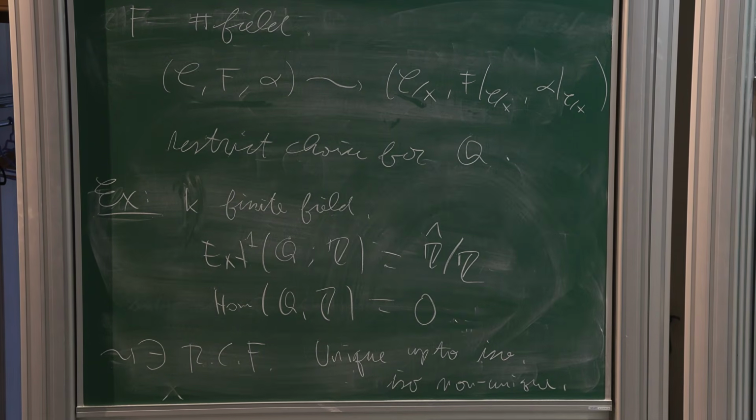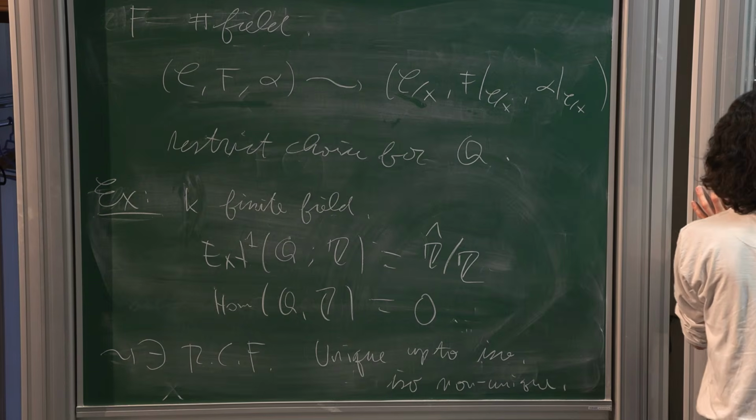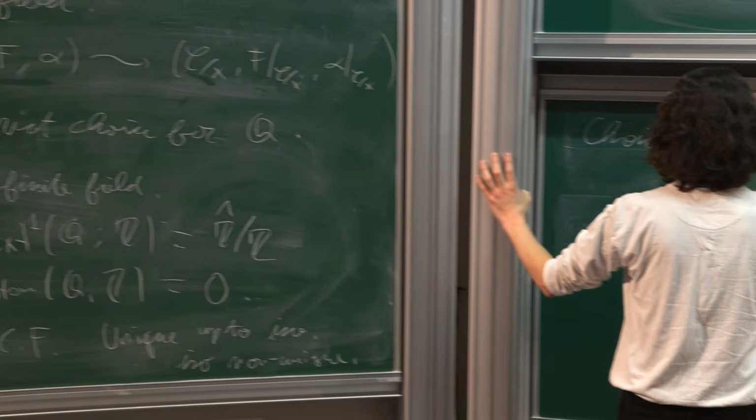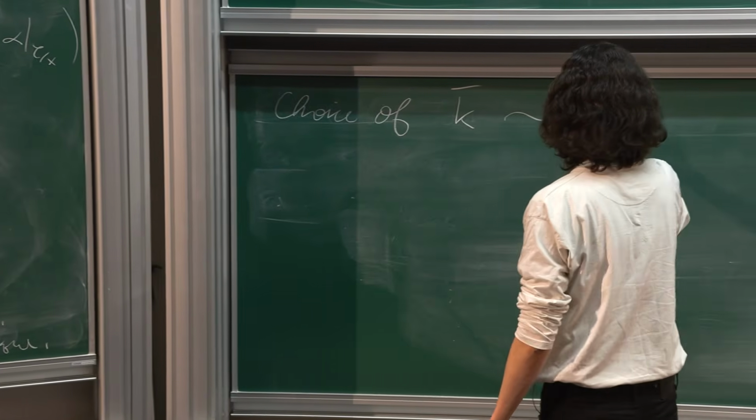So somehow finite fields are worse than number fields. In fact, you can analyze this, and a choice of K bar gives a refined class formation.